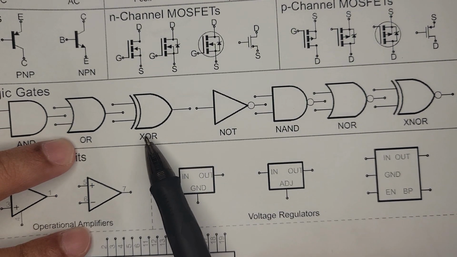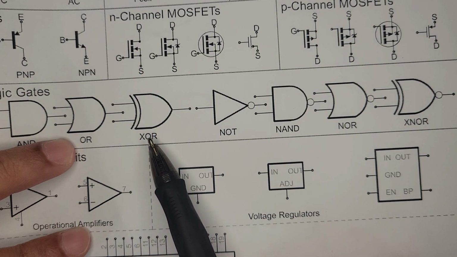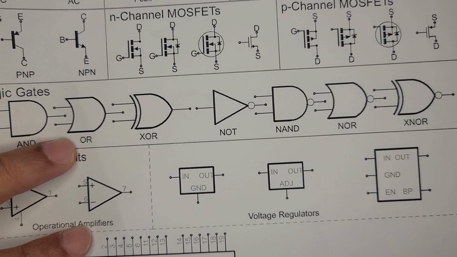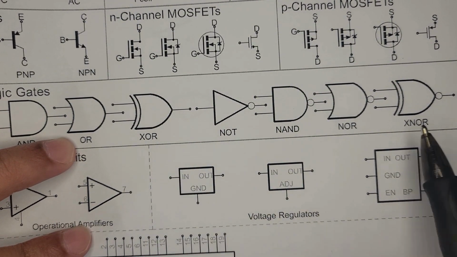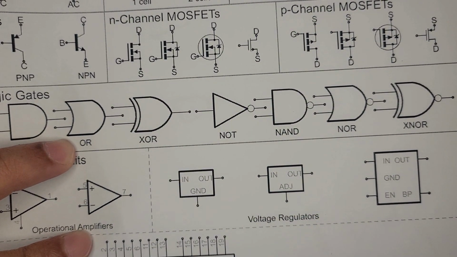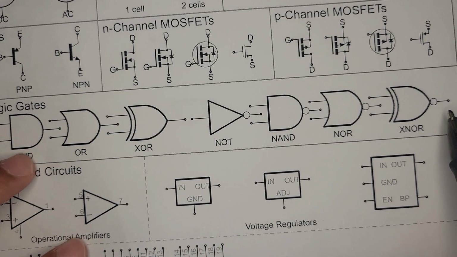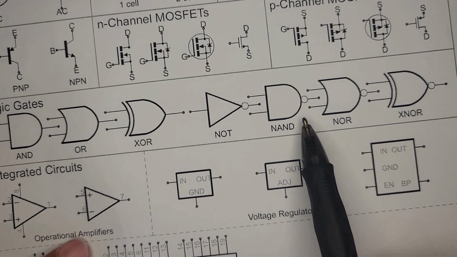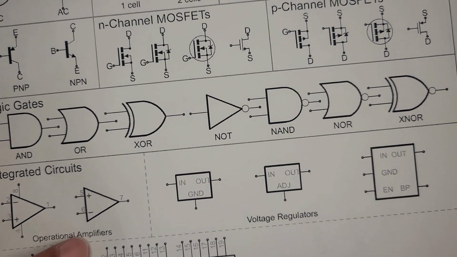I guess it's the inverse of exclusive OR. But then why not call it not exclusive OR? Maybe there's some nuanced difference between an inverted exclusive OR and this. But the symbol matches. It looks like an exclusive OR with a circle on the front. And I'm assuming this just means not, because AND and not AND differ only by a little circle. But I don't know.